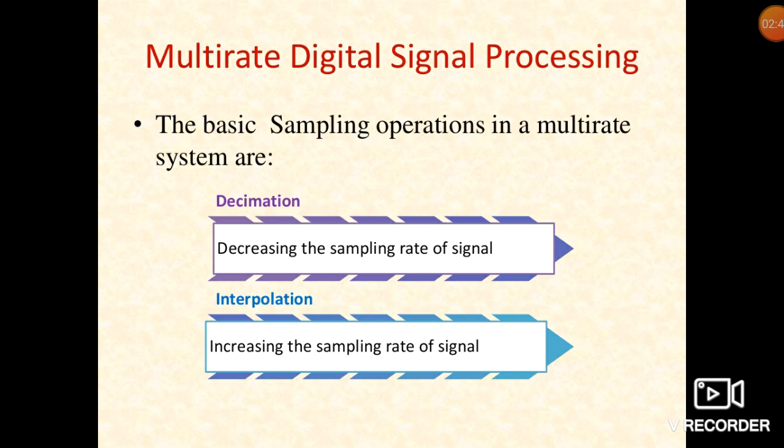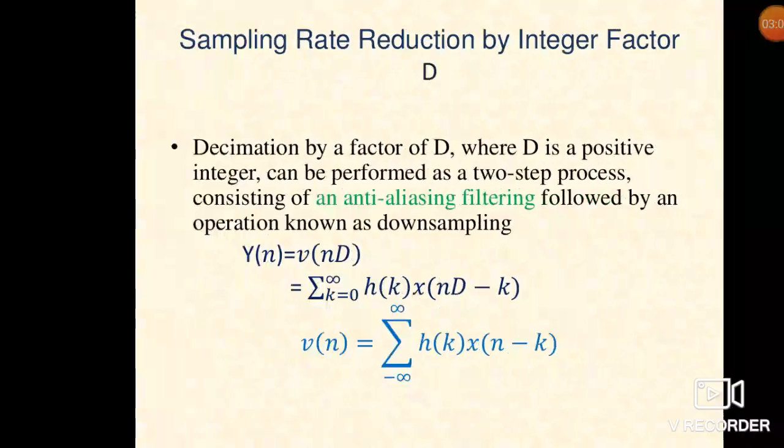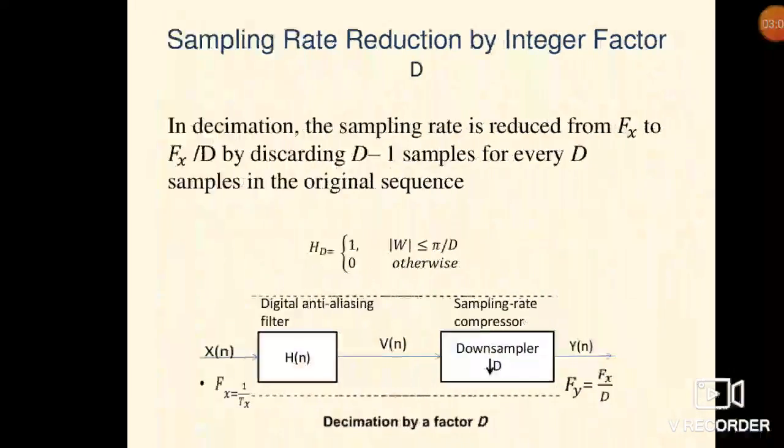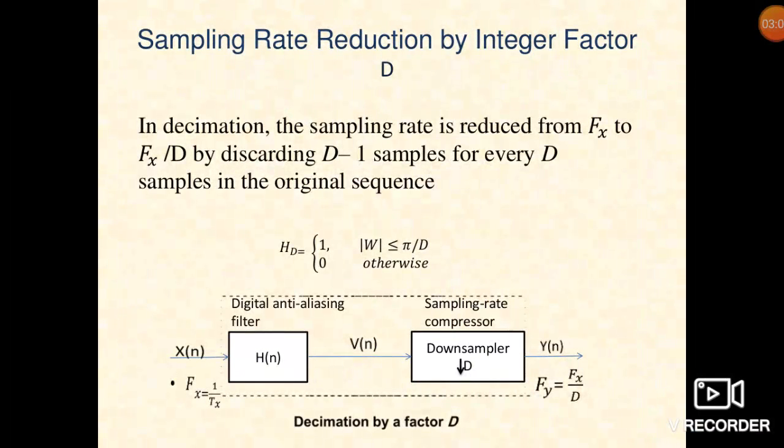Decimation is used for decreasing the sampling rate of a signal by some factor, and interpolation is used to increase the sampling rate of a signal by some factor. First we are going to see the decimation part.